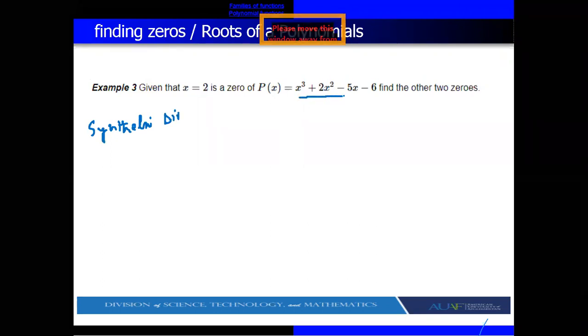Start by writing the coefficients of x cubed, x squared, x and the constant. The coefficient of x cubed is 1, of x squared is 2, of x is minus 5, and the last is minus 6. And one root is 2.